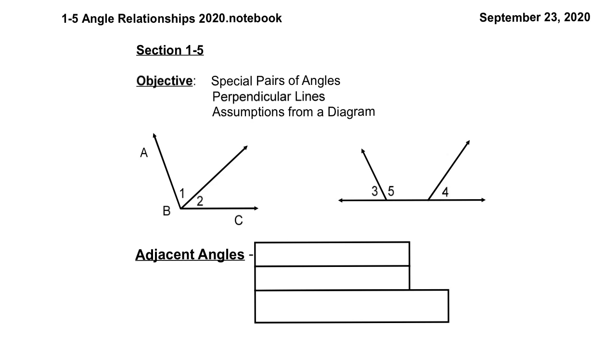So the first definition we have for today, adjacent angles. Let's take a look at the word adjacent. Sometimes we say two desks are adjacent, which technically means next to each other. So by definition, I'll just write definition, okay, first.